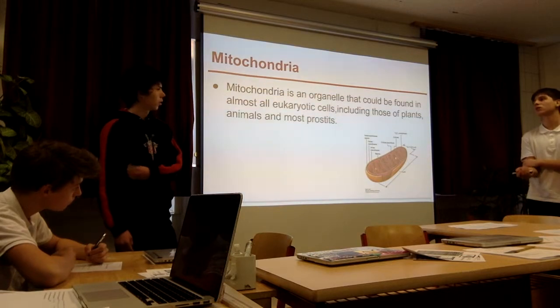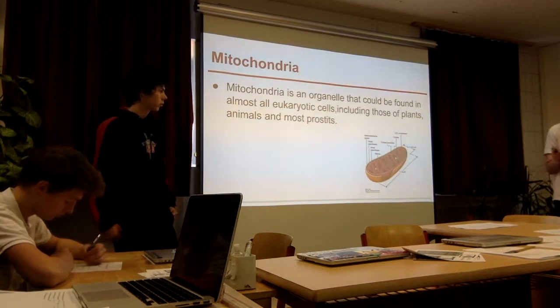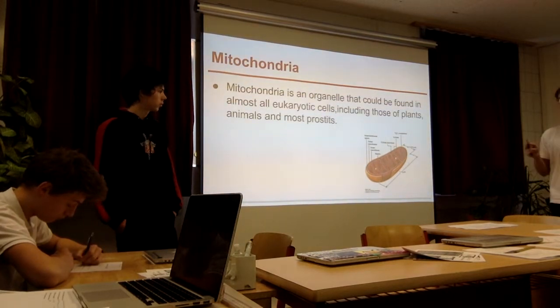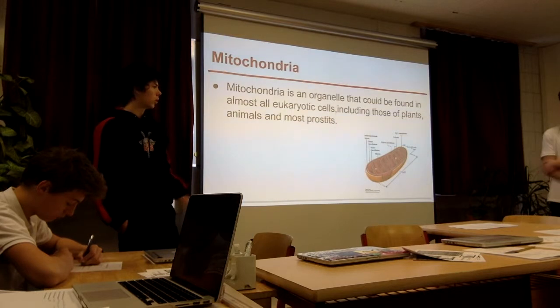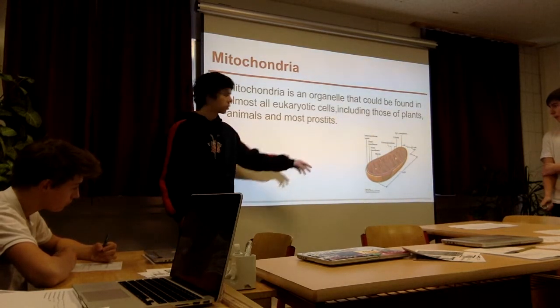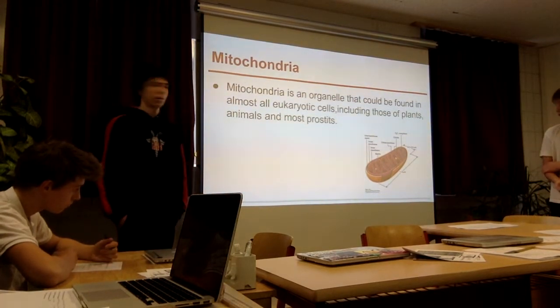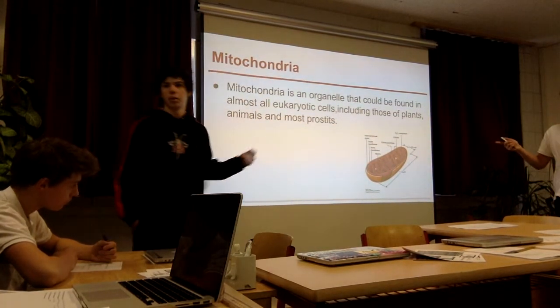It depends on the activity of the cell. If it's really active, it will have a lot of mitochondria, and if it's not really active, it will have fewer mitochondria. And in the picture, you can see all the different parts of the mitochondria that are labeled.